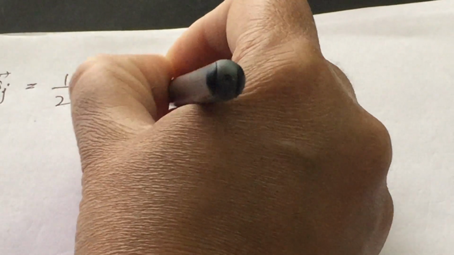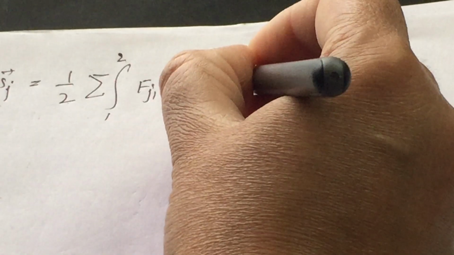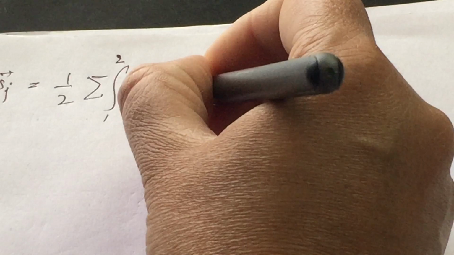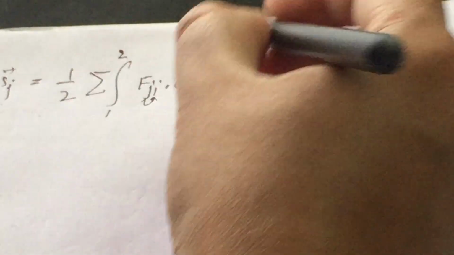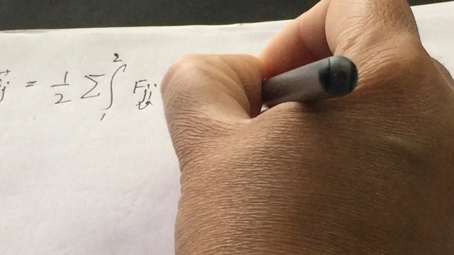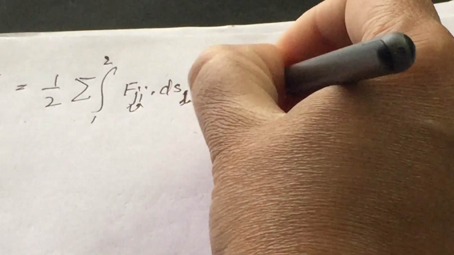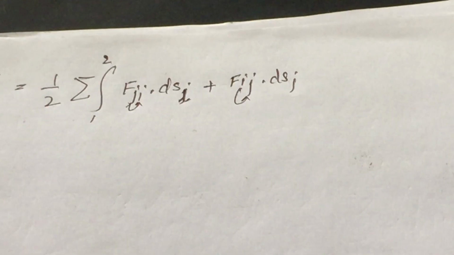Fji dot dSj plus this is F, and dSi, because we are now representing the force on the ith particle. So this is i, and this is Fij. Now we are representing the force on the jth particle, so the position of the jth particle will change.